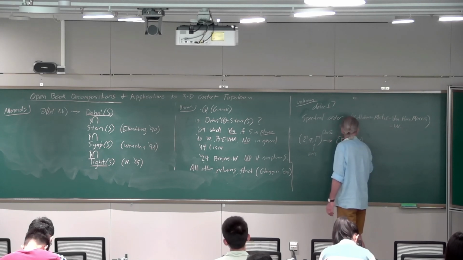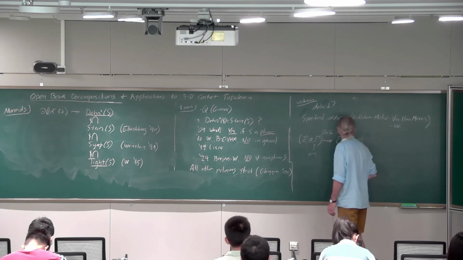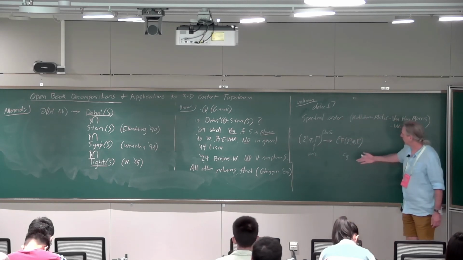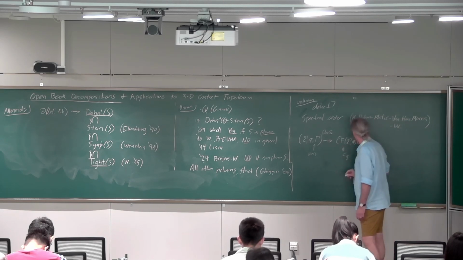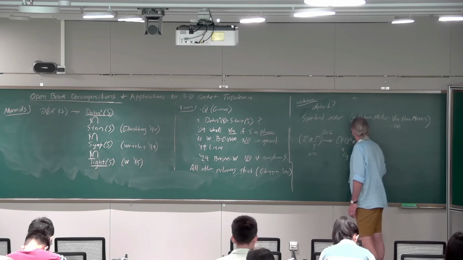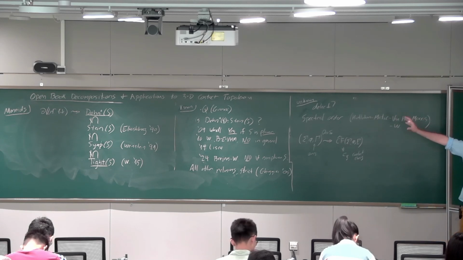Since I've specified a contact structure implicitly, because I started with an open book decomposition, sitting in this complex is a particular class, the contact class, vanishing of which gives me some information about the contact structure.